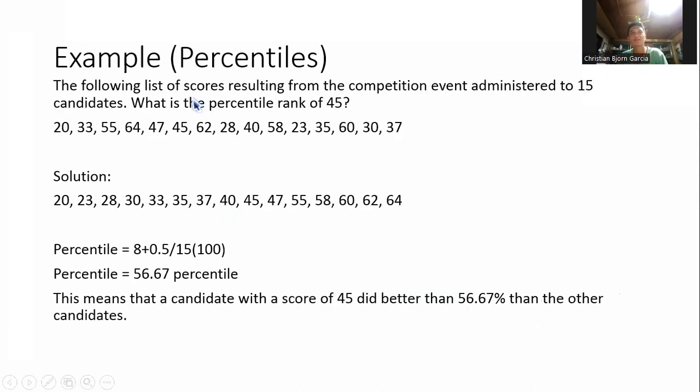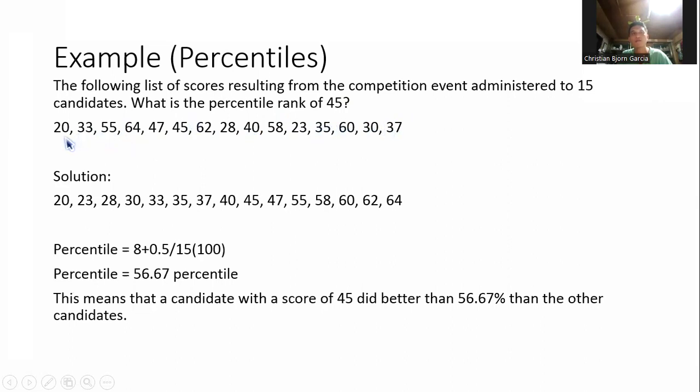Another example. The following list of scores resulted from a competition event administered to 15 candidates. What is the percentile rank of 45? So the values are 20, 33, 55, 64, 47, 45, 62, 28, 40, 58, 23, 35, 60, 30, and 37.